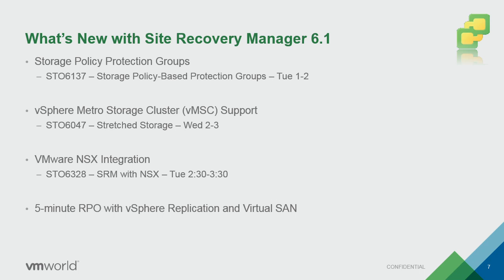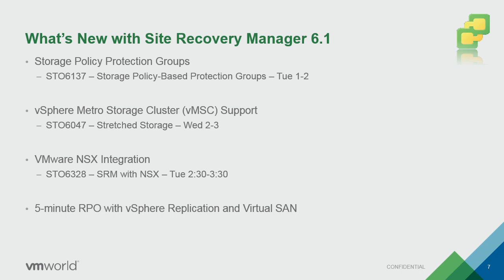Lastly, NSX integration. So where this comes from is there's a new version of NSX 6.2 that now supports the idea of multiple vCenters. So previously, NSX was a single vCenter concept. Now it supports primary NSX managers and secondary NSX managers.